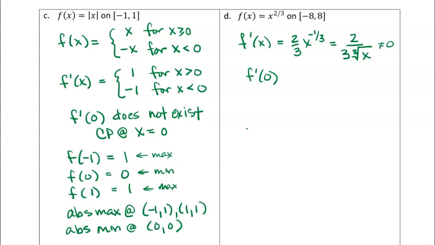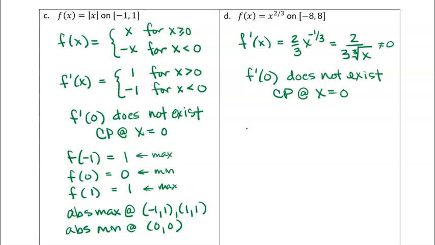So f prime of 0 does not exist. Okay, so I have a critical point at x equals 0. So remember those two criteria: either the derivative is 0 or it doesn't exist. And in this case, we have a point where the derivative doesn't exist.